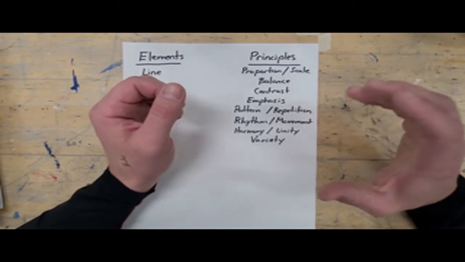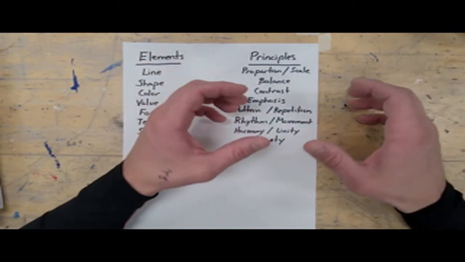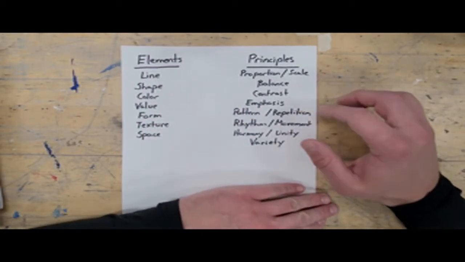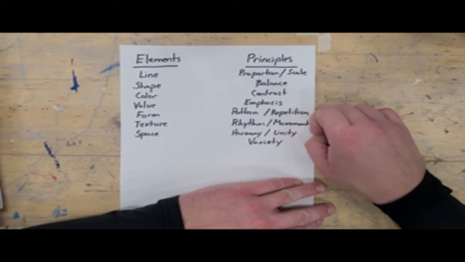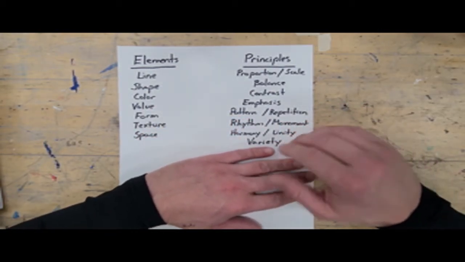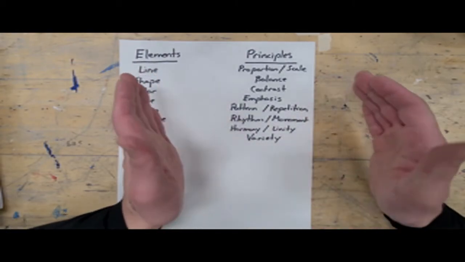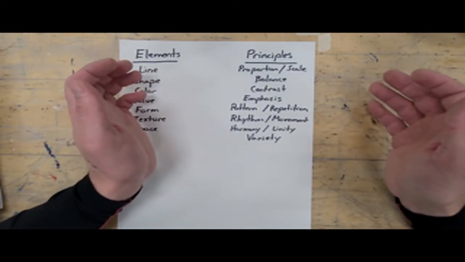Emphasis are the most important things, or the things that are most meaningful to you, or the things that are the most abundant. So if you spend most of your time doing something, that is emphasized in your life. If you do not do it much, then it's not going to be emphasized. Pattern or repetition are the patterns in your life. This can be zoomed in to maybe an hour, or it can be zoomed out to a year or multiple years.